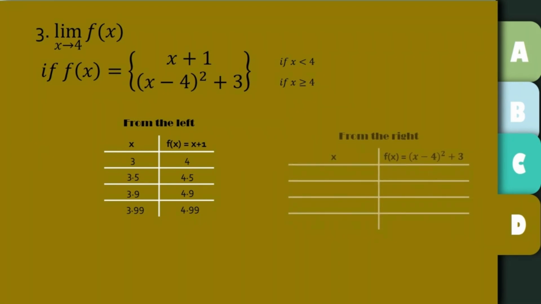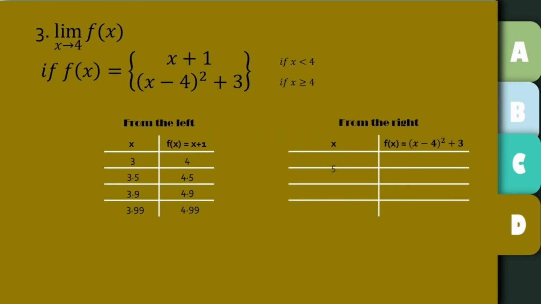Now do the same from the right. So your x will be 5, 4.5, 4.1 and 4.01. After that, substitute the x into f of x. So we have 4, 3.25, 3.01 and 3.0001. Once done with both, identify whether the values are getting close to the same number.